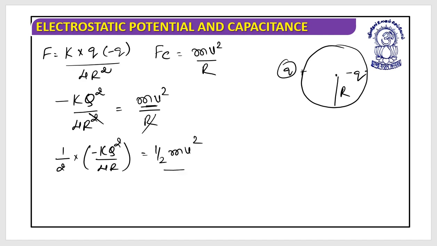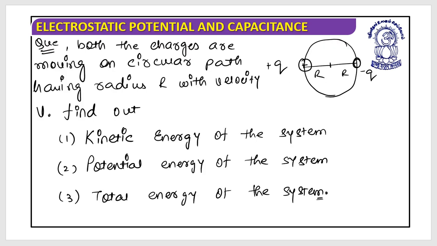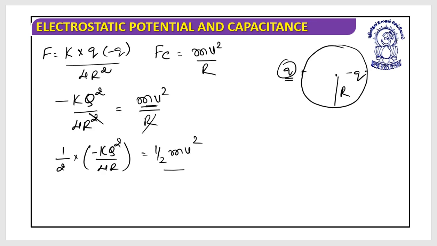This is the kinetic energy of one particle. They asked for the kinetic energy of the system, and this system has two particles, so I need to multiply by 2, that is 2 into half mv square. I hope this is clear to you. Please do not make a mistake and consider that this half mv square is of the system. This is not of the system. This is of one individual particle.